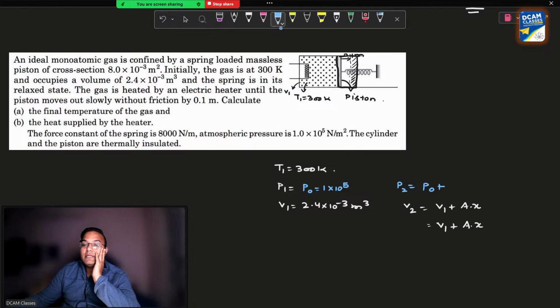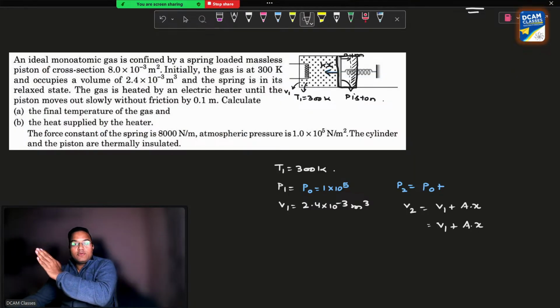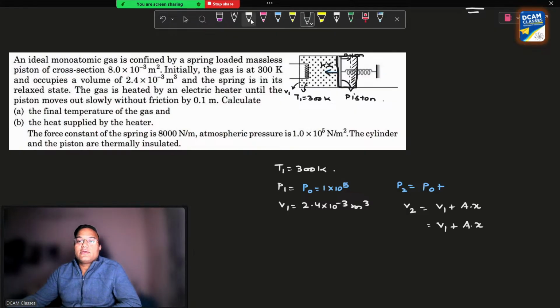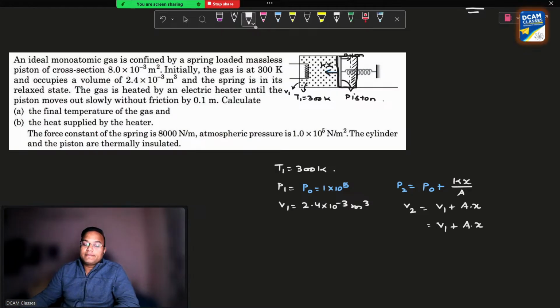P naught, the initial pressure, plus an increase in pressure caused by the spring force Kx. Since it has expanded to the right, the Kx force will act towards the left, so the increase in pressure is Kx by area, force per unit area.